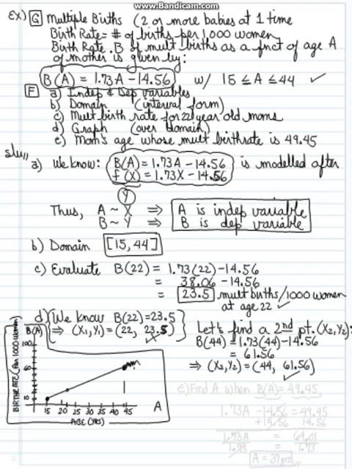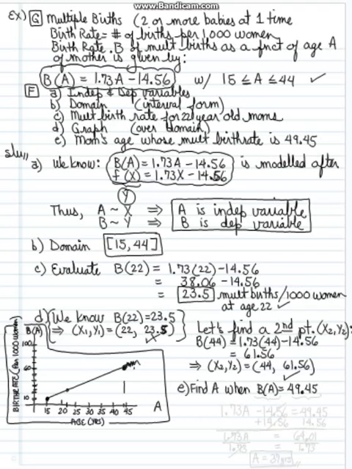And the last part is part E. That's where we figure the mom's age whose multiple birth rate is 49.45. What they want us to find here is, let me write it, part E: find a when b of a is equal to 49.45.